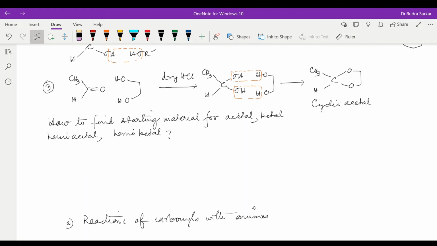Okay. Now let's consider a very simple one. Initially, I have given you, say, this one, A, and I am asking you, how will you know what is the starting material of this compound?